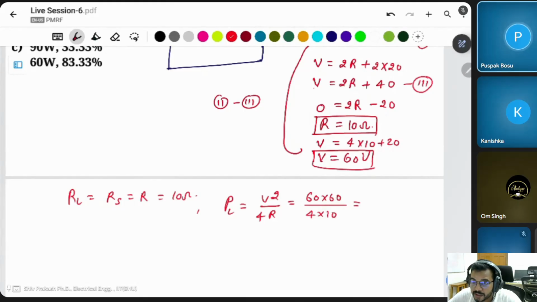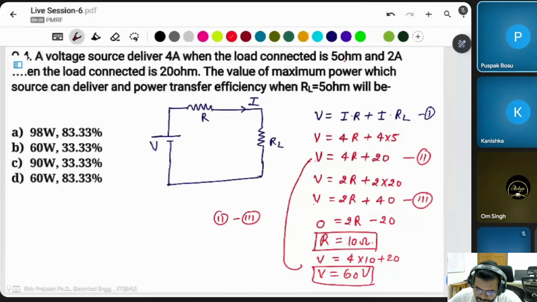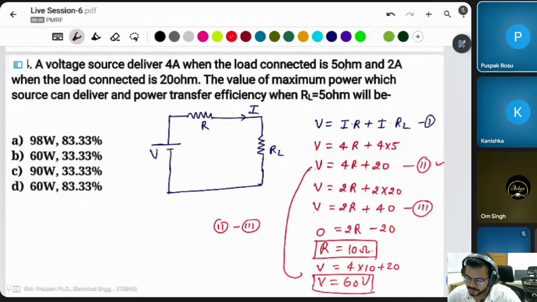Sir, I have an inquiry about the upper side. Can you tell me how? Yes, the third line. The third line was V equals 4R plus 20. So how can the next line be V equals 2R plus 2 into 20?